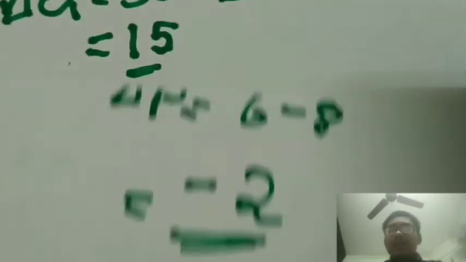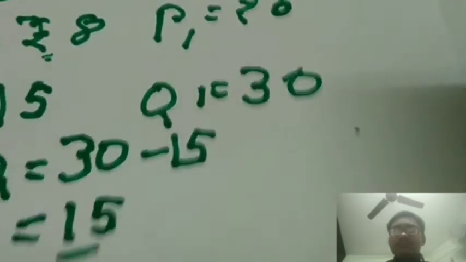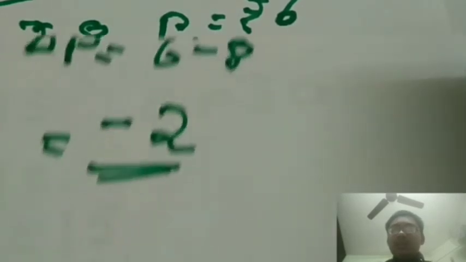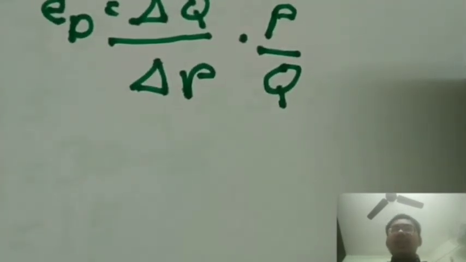Delta P is minus 2 and delta Q is 15 units. We know P initially was 8 rupees and Q initially was 15 units.